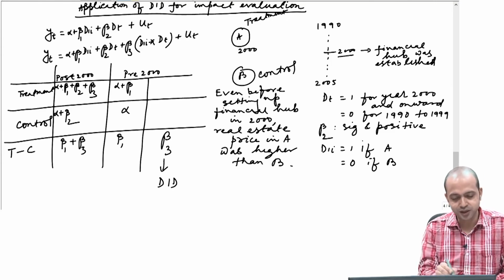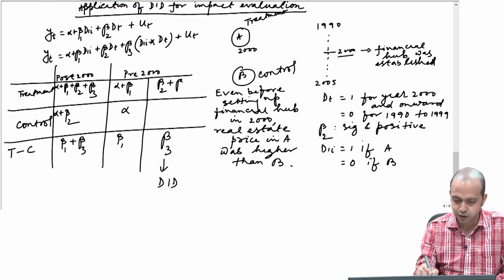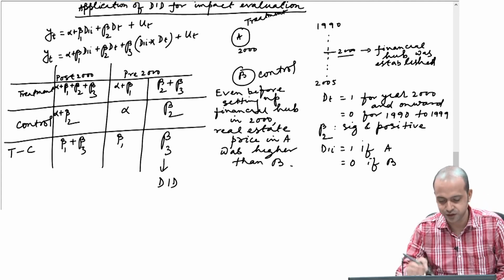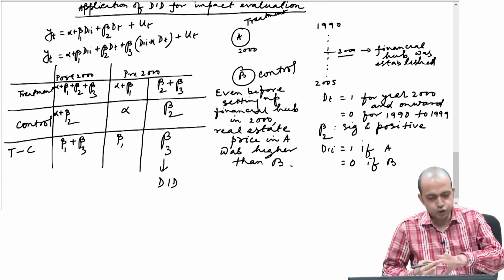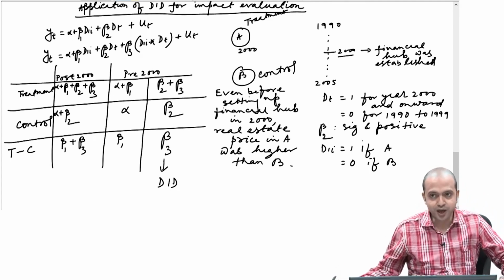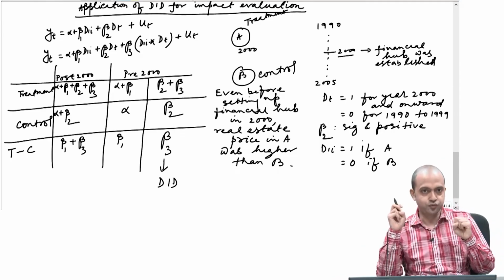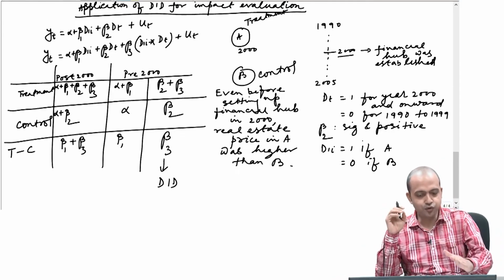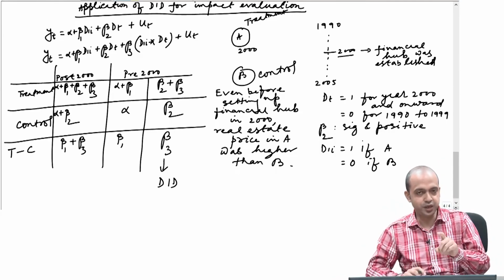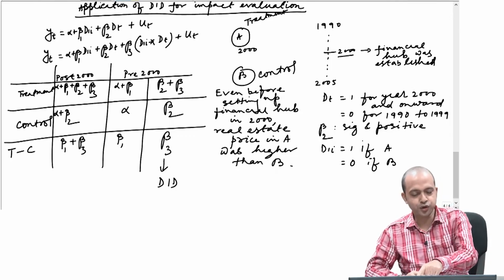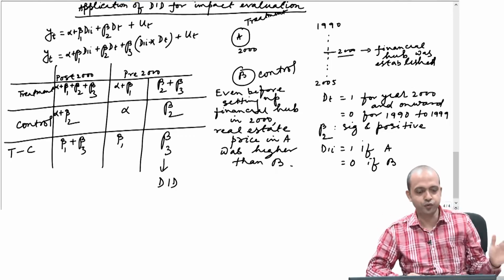Similarly, you can take the row-wise difference as well. Then alpha plus beta 1 will get cancelled, you will get beta 2 plus beta 3, here you will get beta 2, and there also the difference in difference is beta 3. So, you should have four subsamples: one for the treatment, one for the control, one for pre, one for post.